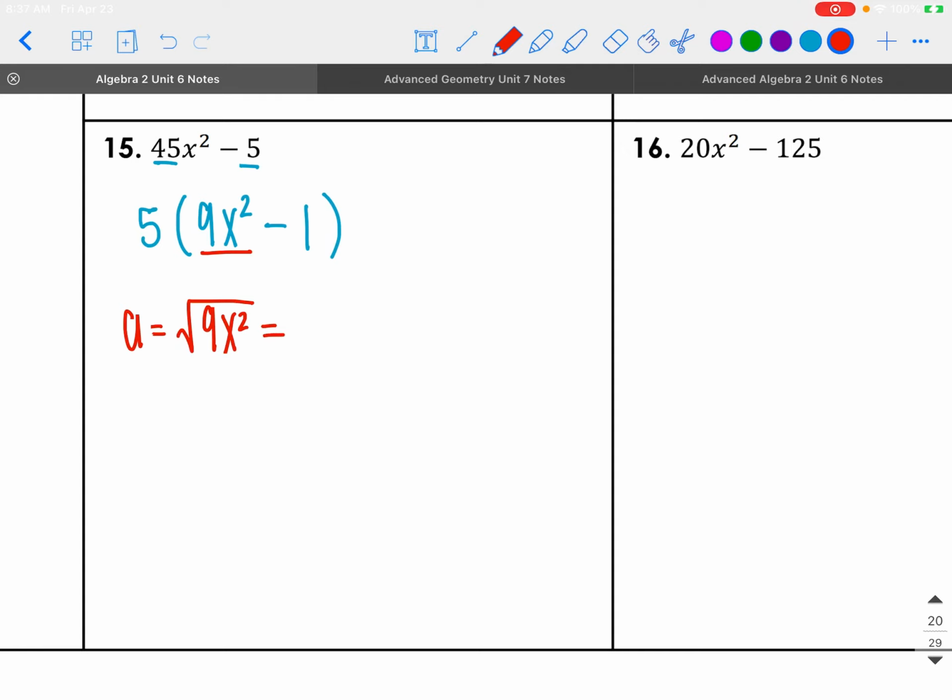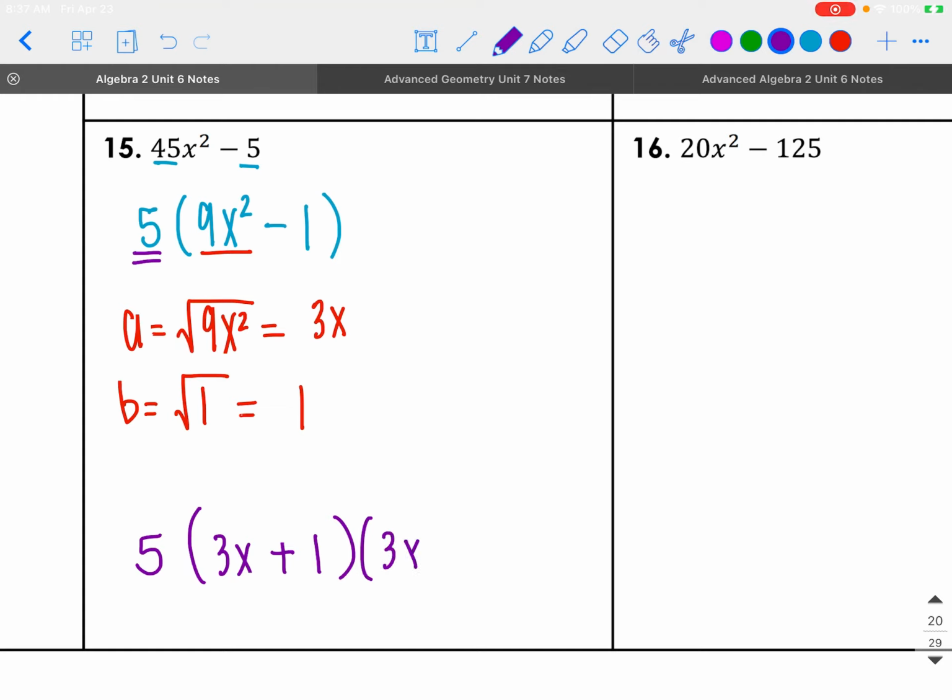So my a is the square root of 9x squared, which is 3x. And the b is the square root of 1, which is 1. So my answer, I write 5 from my GCF, and then 3x plus 1, 3x minus 1.